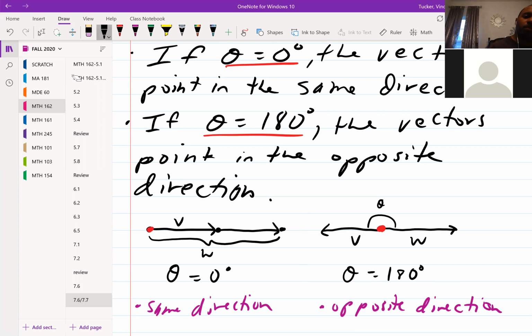All right, so that's a visual on how they would look if they are parallel.